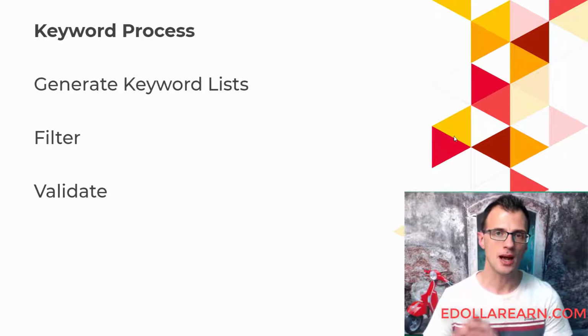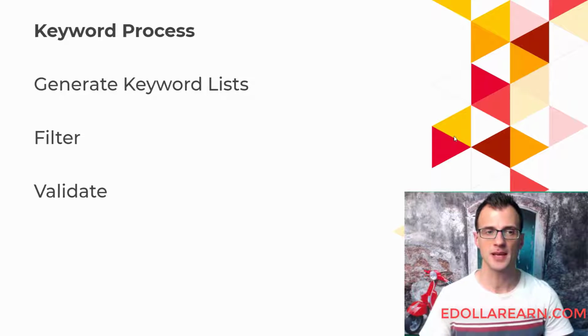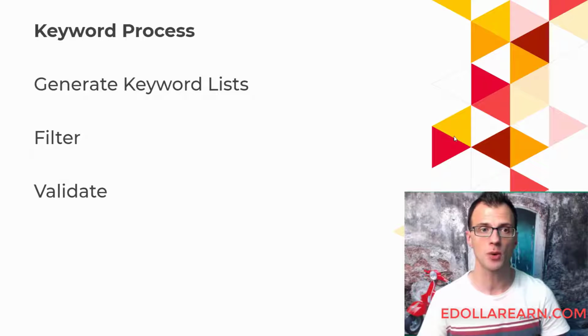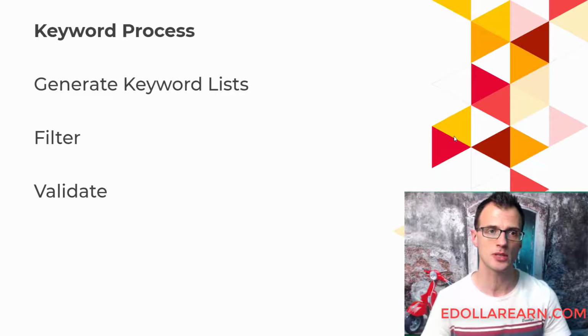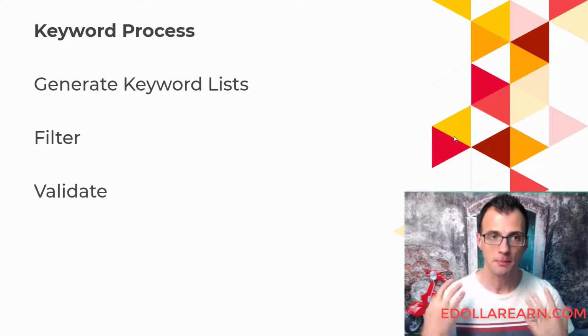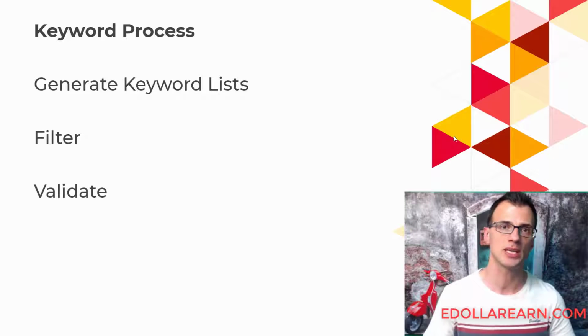So I'm going to try and keep it fairly simple. I don't want to overcomplicate the process of researching keywords, but I'm going to show you what I find works, and probably 60-70% of the time the keywords that I pick using this process end up being winning keywords.